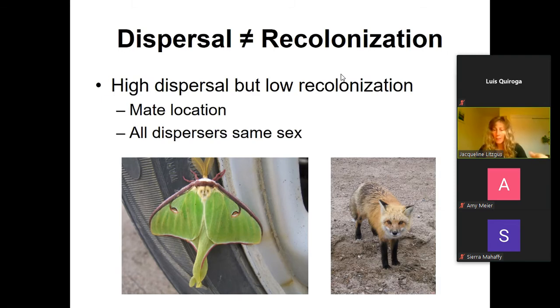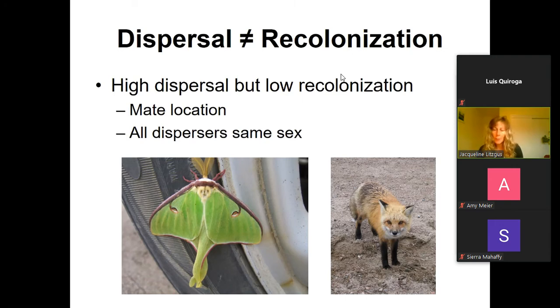Again, this might be an animal that can fly, like this butterfly. It has high dispersal capabilities, but it's not the same as recolonization, because if the reason it's dispersing is to go find mates, that means it's going somewhere where the species already exists. So it's not a vacant patch, it's a patch that's occupied.